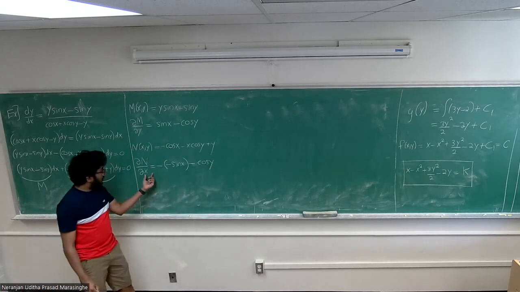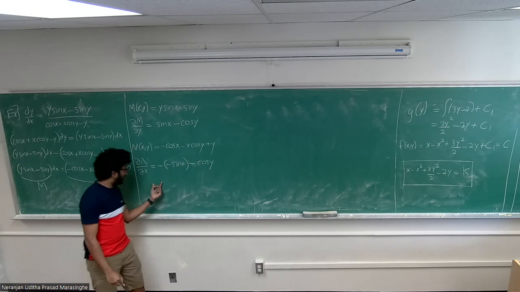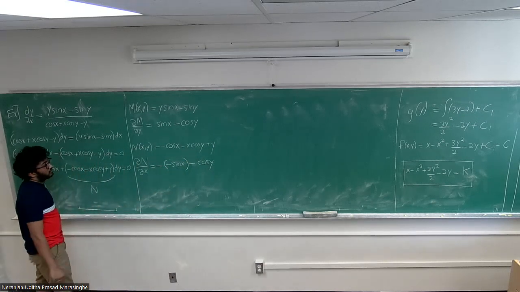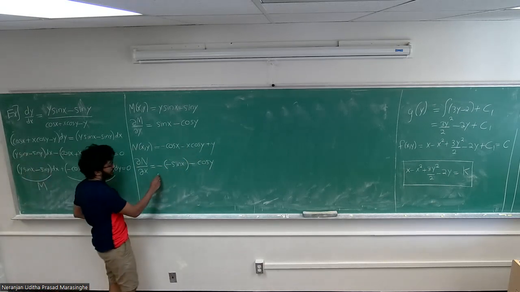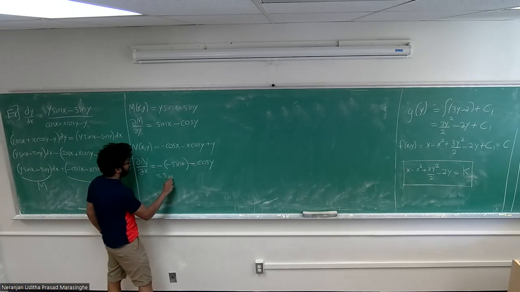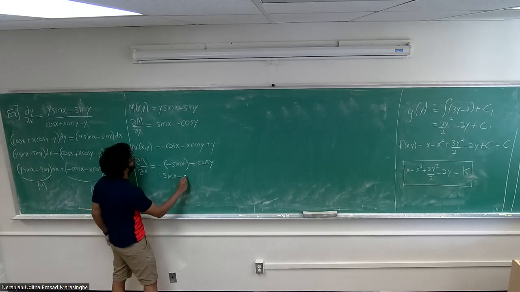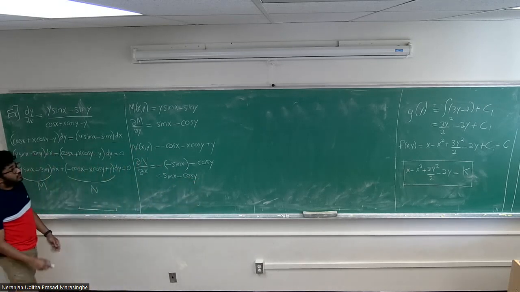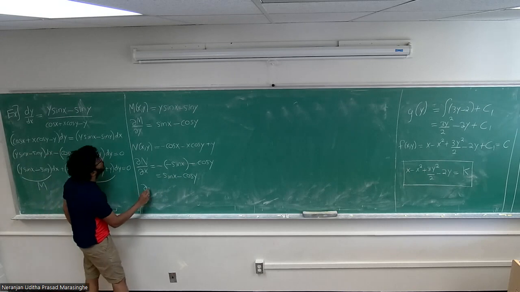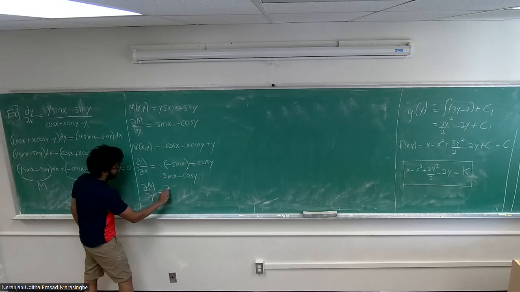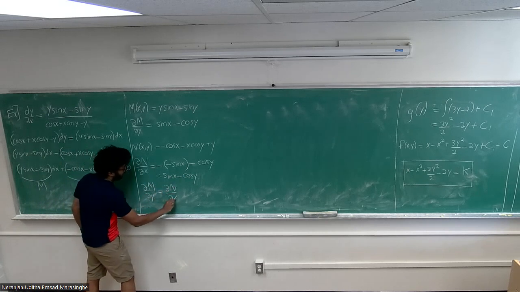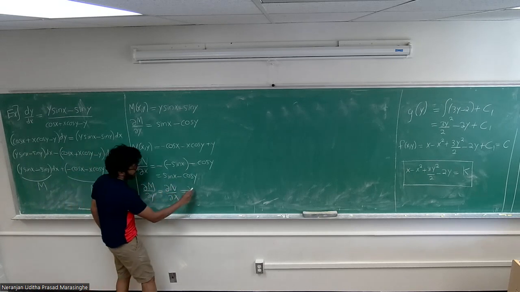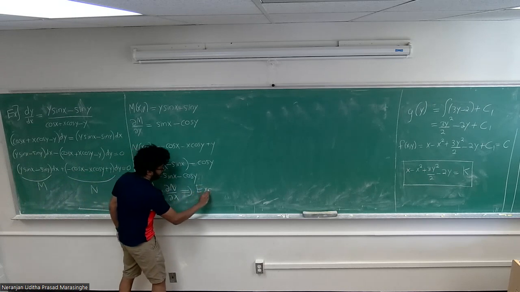And the derivative of y with respect to x is 0. So what would I get? Sine x minus cosine y. Okay, so those two are equal, right? So delta M over delta y is equal to delta N over delta x. So this equation is an exact equation.